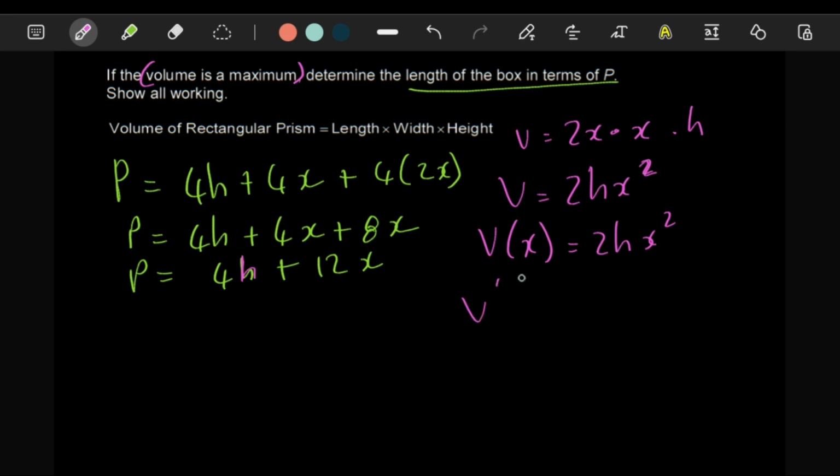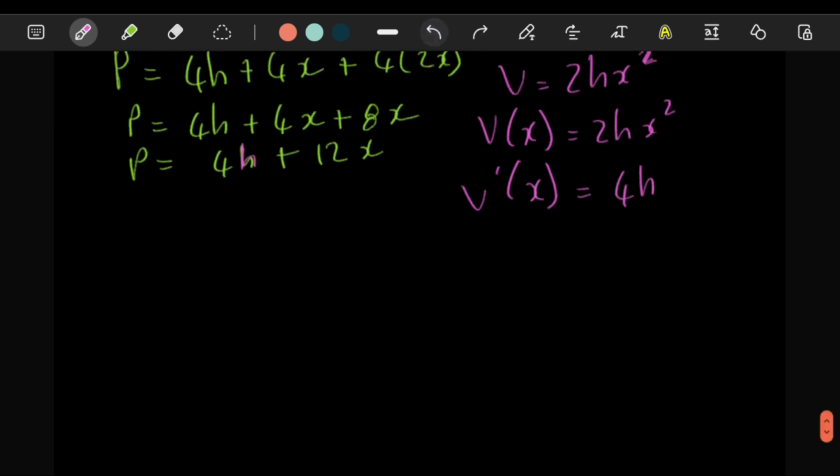So we differentiate our volume function once and equate it to 0. Everything I'm doing now, I promise you, the applications of calculus course is what you need if this is still a bit difficult. So we have differentiated once and made our equation equal to 0. Now we're going to get an x value that will cause the volume to be a maximum.